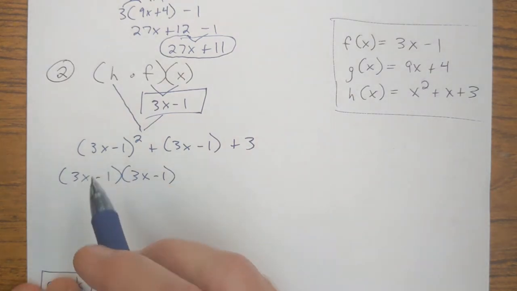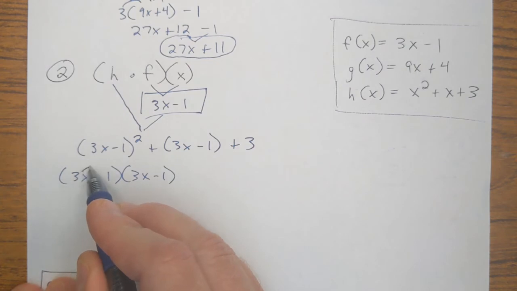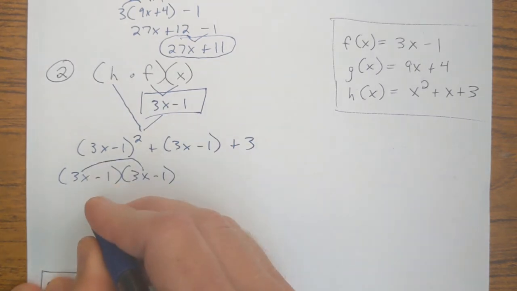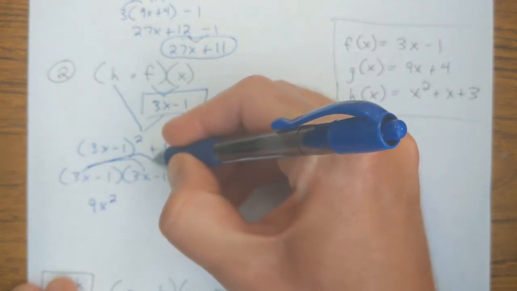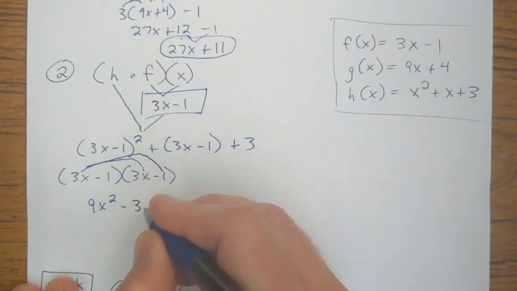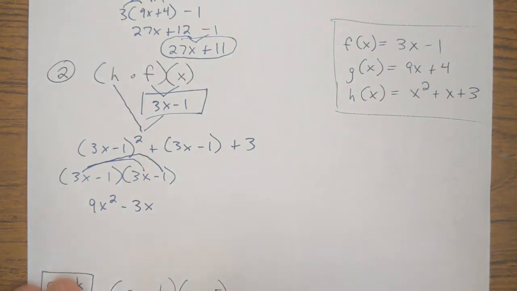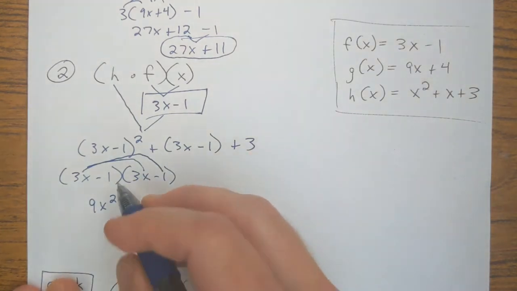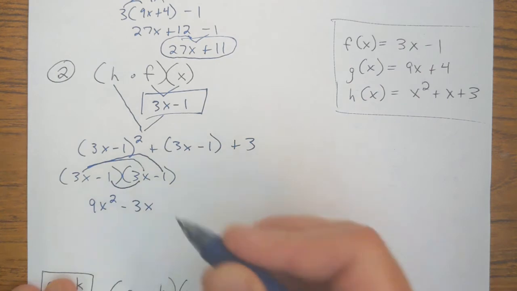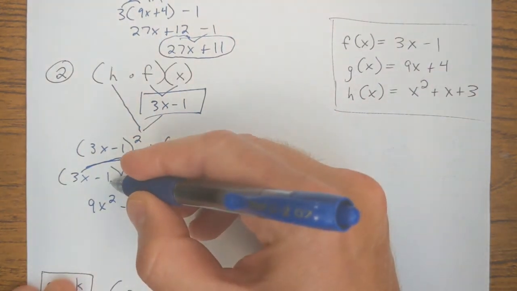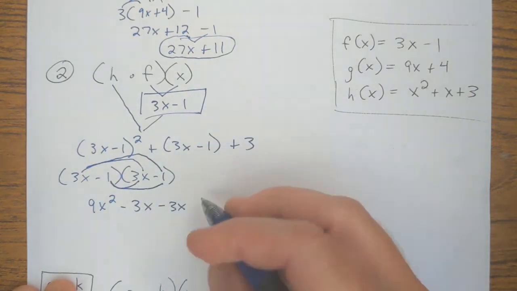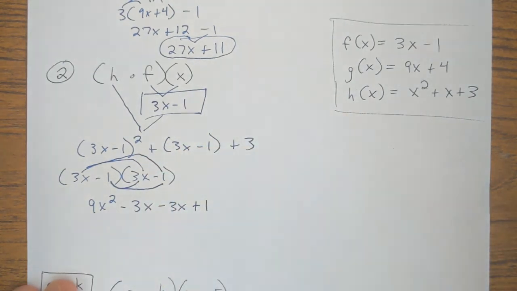FOIL works like this. Not only do I have to distribute 3x times 3x, which is 9x squared, and 3x times negative 1, which is negative 3x, not only do I have to distribute the 3x into this parentheses, I also have to distribute this negative 1. I also have to take negative 1 times 3x, which is negative 3x, and negative 1 times negative 1, which is positive 1.